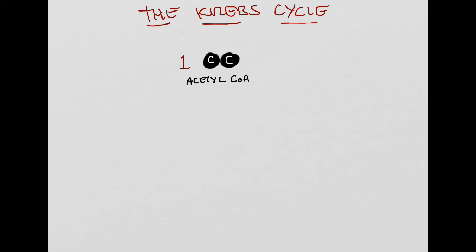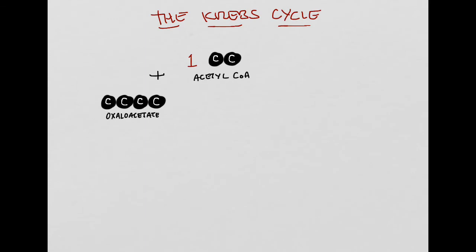So we have this acetyl-CoA, and this brings us, oh, whoops, back that up, undo. Okay, the acetyl-CoA is going to combine with a 4-carbon compound. So the acetyl-CoA is going to combine with 1 oxaloacetate.